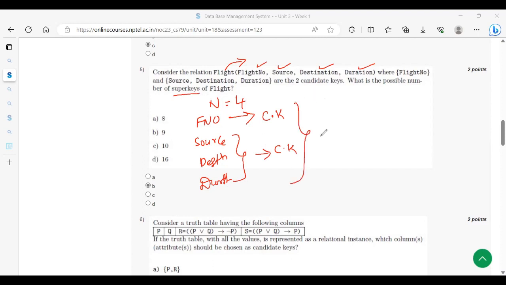So remember, here we have one formula for the possible number of super keys. So I am going to write here. This is the first super key. This is the second super key.